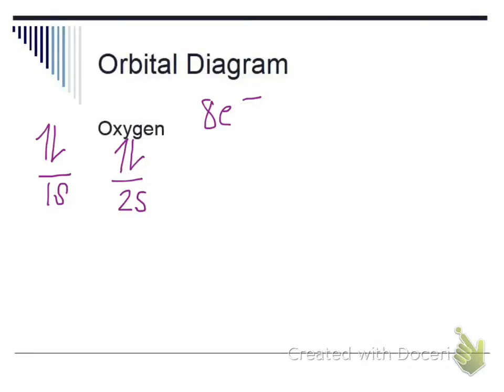I need 8 electrons, do I not? I've drawn 4, and 8 minus 4 is 4. I still need to put 4 electrons. I have now filled my 2s over here. What comes next? Look at the chart. 2p.